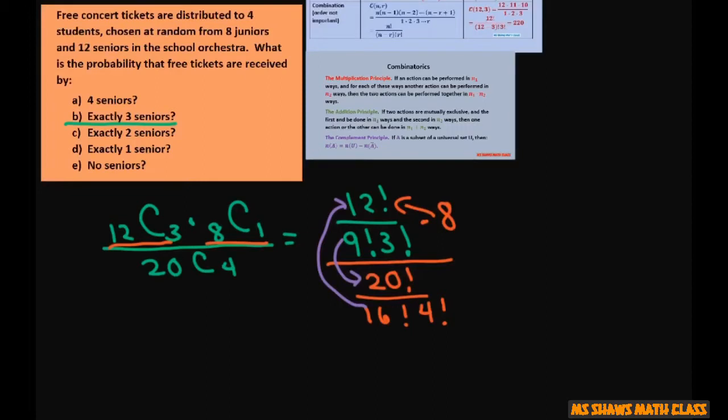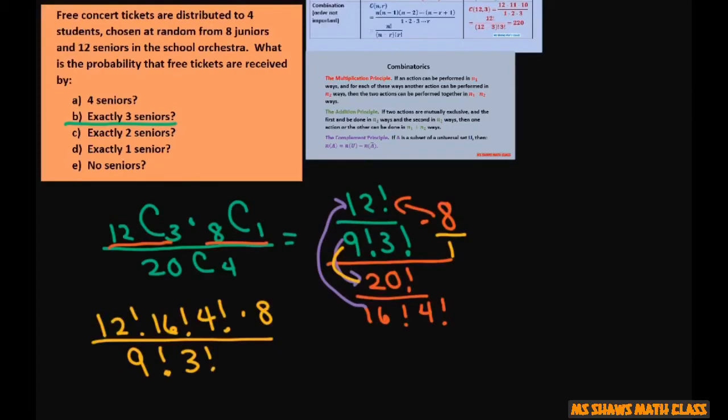So we're going to get 12 factorial times 16 factorial times 4 factorial times 8. Remember, this is just 8 over 1. And then these two go together. 9 factorial times 3 factorial times 20 factorial.